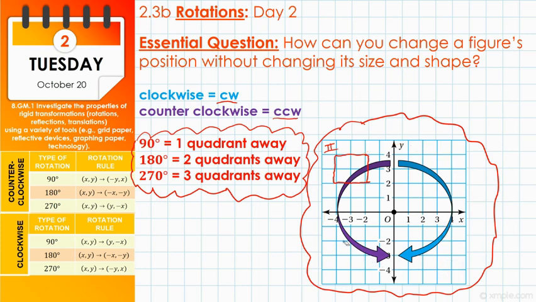270, a 270-degree rotation. Counterclockwise, we'll go 1, 2, 3 to quadrant 4. And a 270-degree rotation clockwise would take me from quadrant 2 to quadrant 3, 4, back to 1.